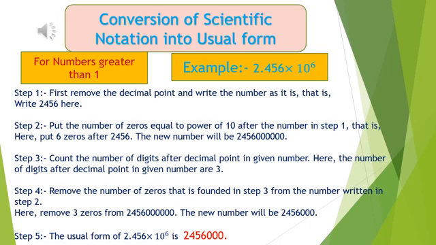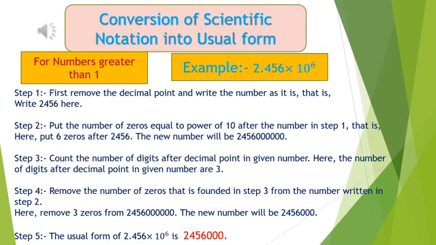Put the number of zeros equal to the power of 10 after the number in step 1. What is the power of 10? 6. So 6 zeros you have to put after 2, 4, 5, 6. So your number will be 2, 4, 5, 6 and 6 zeros.